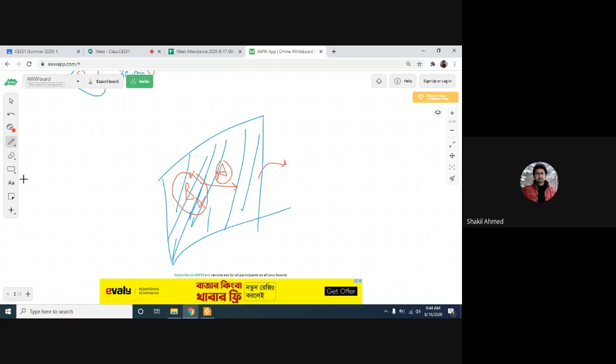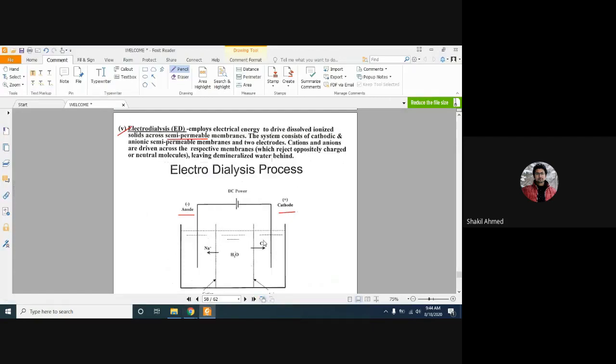So this is called a semi-permeable membrane. The system consists of cationic and anionic semi-permeable membranes and two electrodes.